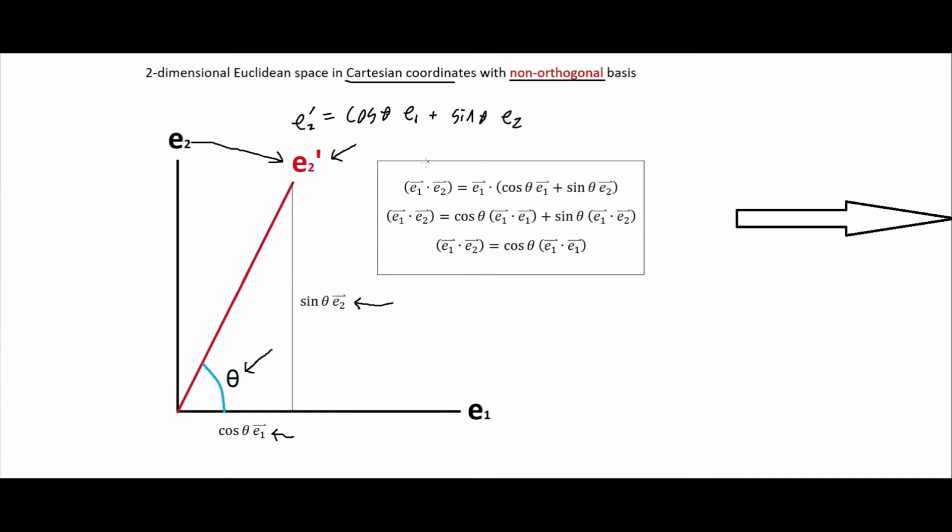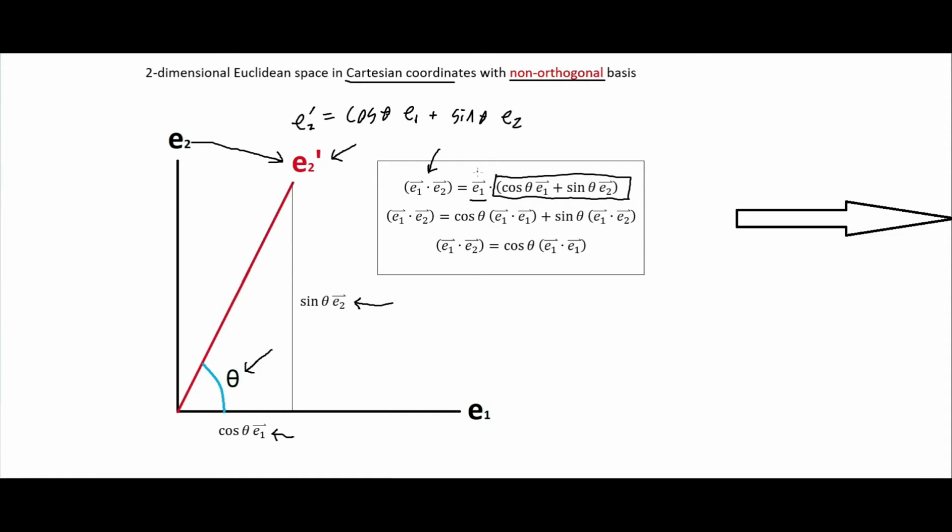And so if we take the dot product of that, which is what I'm doing right here, then we substitute in for this E2 our E2 prime, which is our cosine theta E1 plus sine theta E2, and now we're dotting it with the E1.